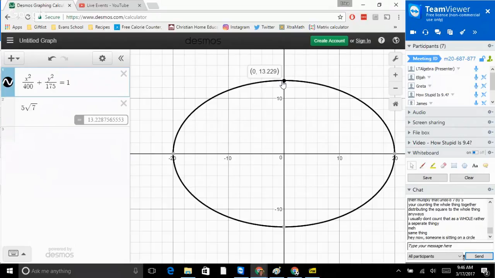Sound good? Does anyone want to see another example? You guys ready to tackle ellipses? Yes, you got it?